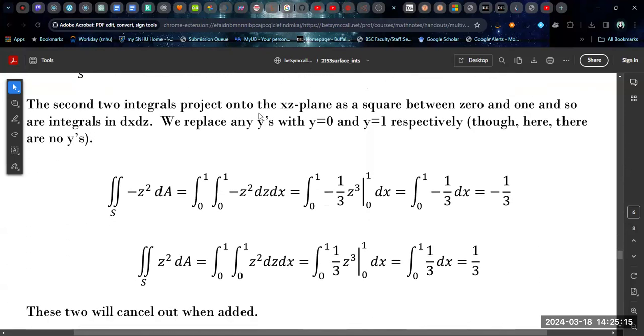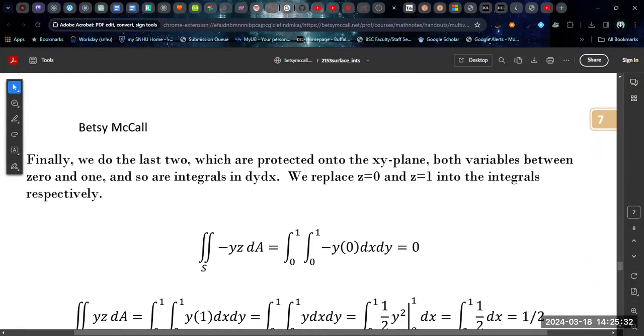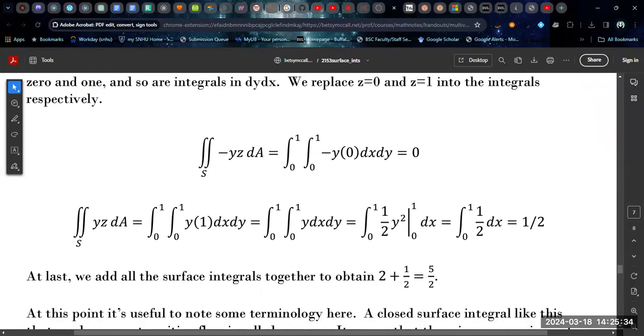Now we repeat the same process for the xz plane. We replace the y's with 0 and 1 respectively. In this case, though, there are no y's in here, and so we get exactly negative versions of each other. And so they become 0 when added up. And then finally, for our xy plane ones, we set z equal to 0 and z equals 1.